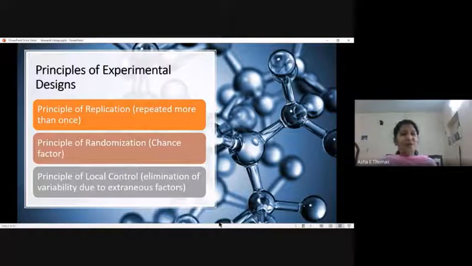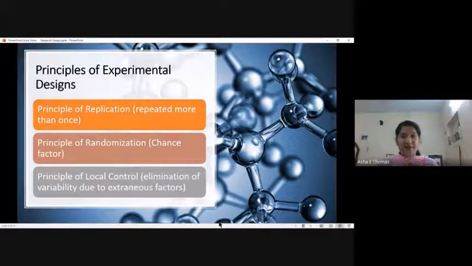So what I will do is I will apply some kind of local control, categorize the student community into different groups based on their IQ level. So that's actually a homogeneous categorization, and pick at random from these groups. Every student in each group has equal possibility of being selected for our study.